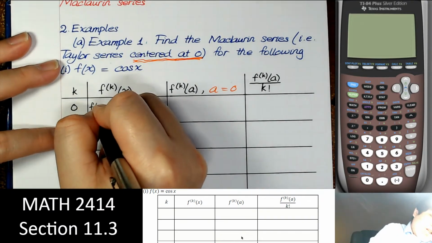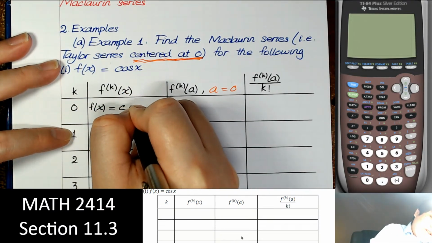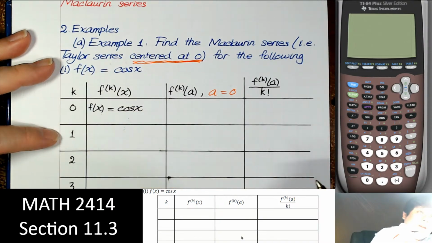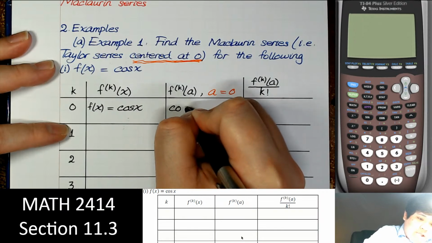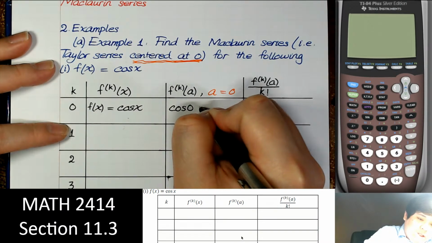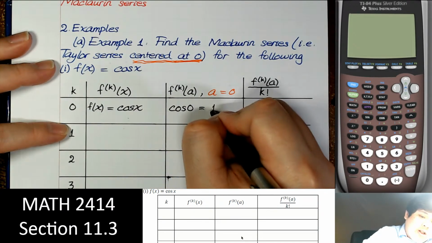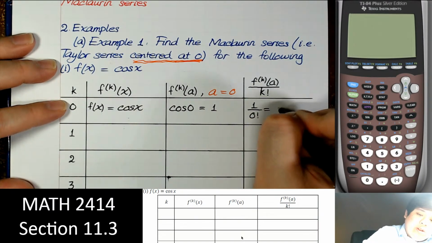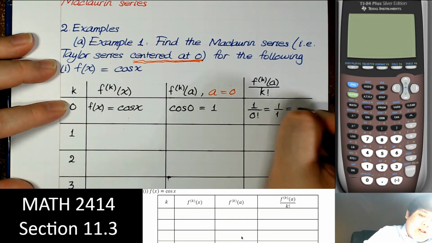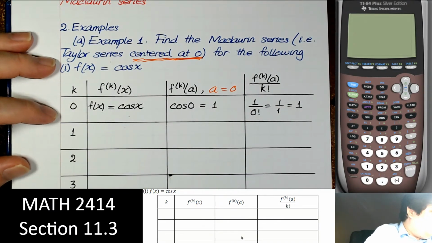Now the function is equal to cosine of x, and then we evaluate cosine of 0. Cosine of 0 is 1, and we divide that by factorial of 0, which is 1, so we have 1.